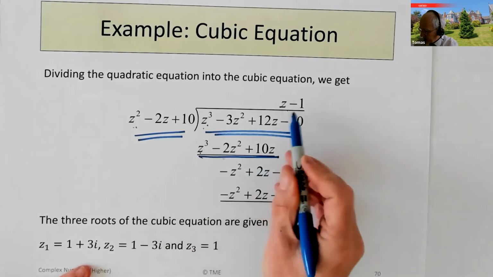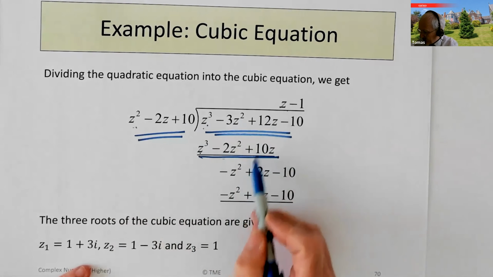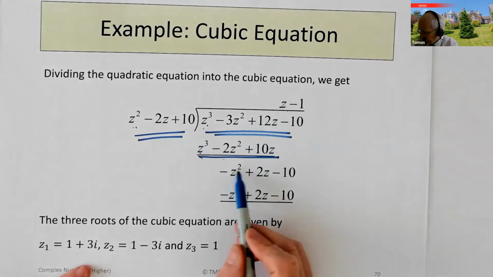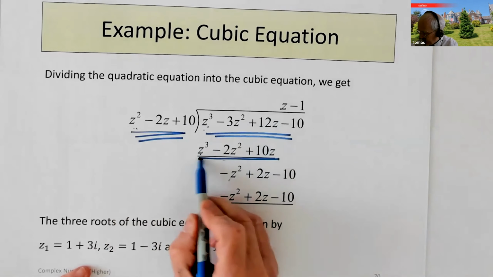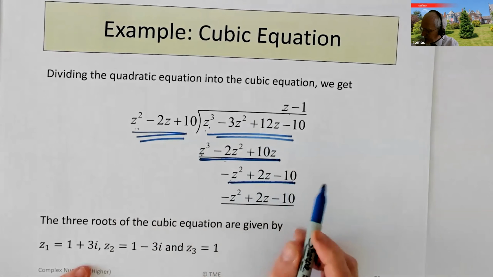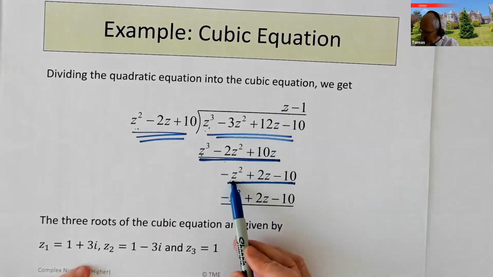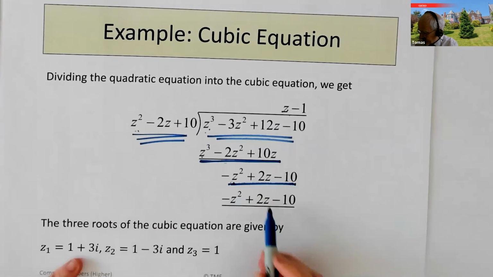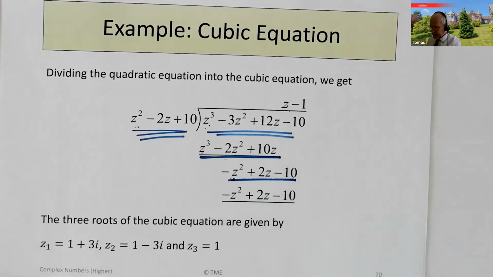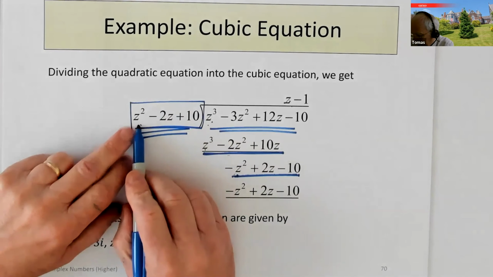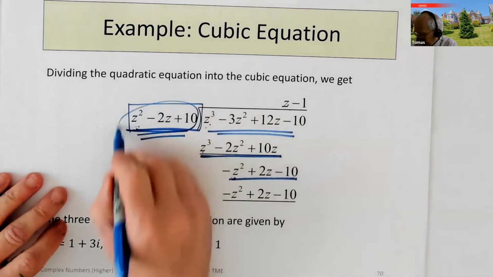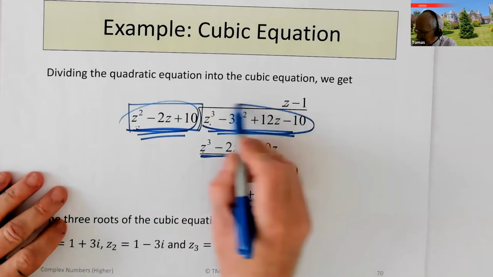Work all that out, and I take the lines down. How often does z go into minus z squared? I'm dividing that into that, and I've this much left over. Apologies, I'm dividing the quadratic, which is the second one I got, into the original cubic.